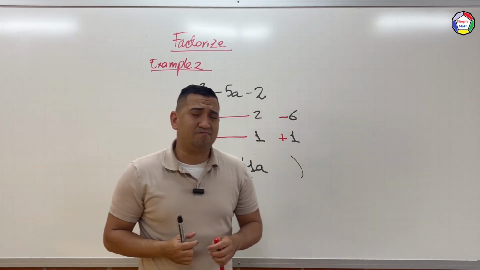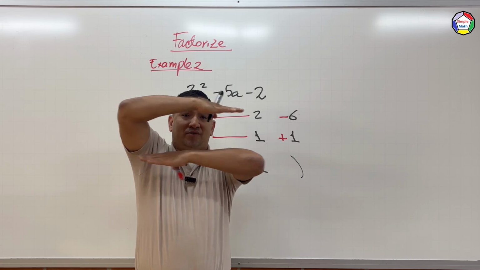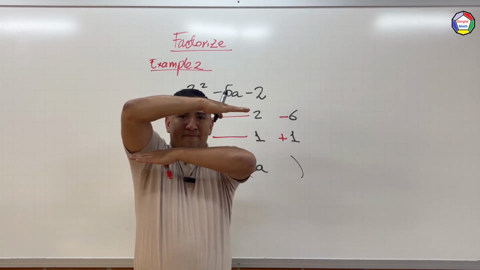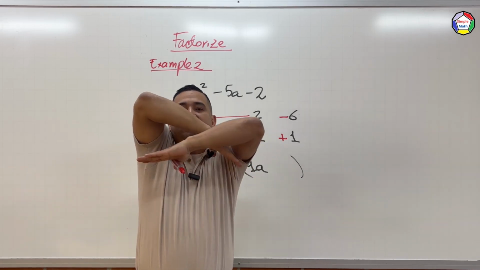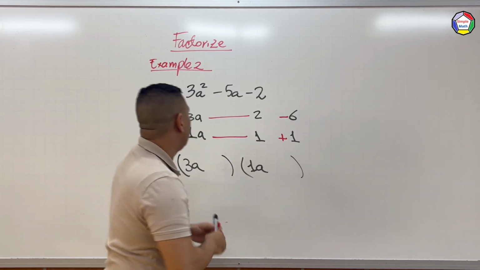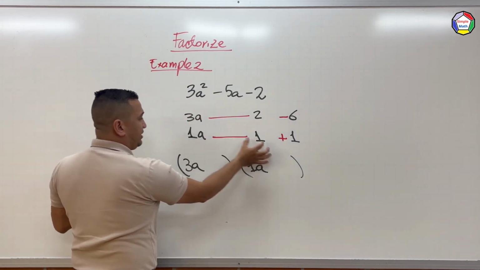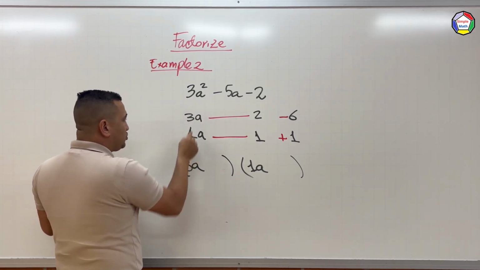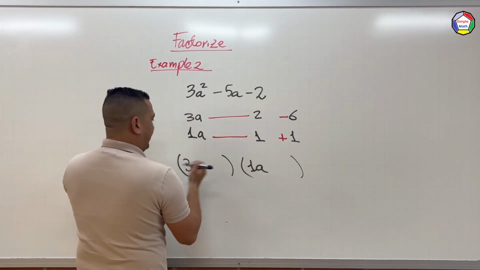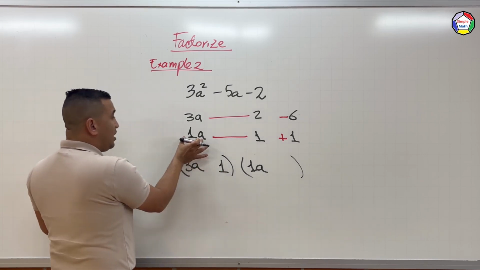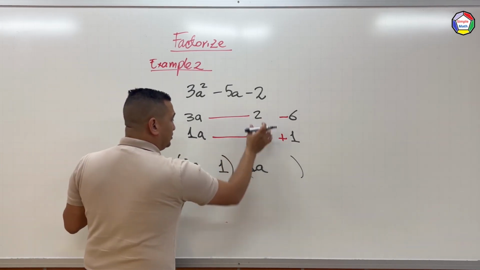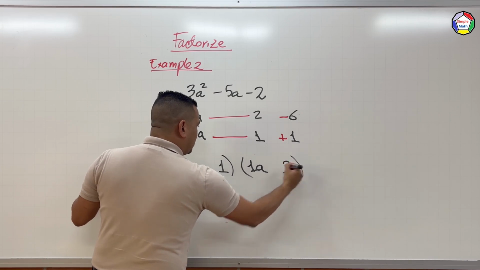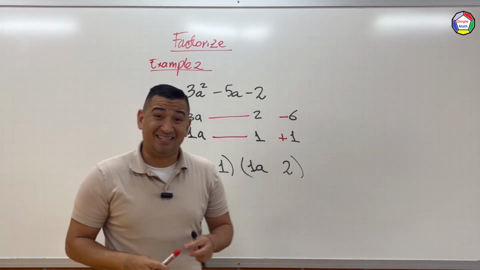Remember, in the previous video I mentioned that if you find the numbers using parallel lines, in the answer you will cross them for the answer. So I'm going to cross 3a with 1. So 3a goes with 1. 1a goes with 2. And finally, I will write the signs.